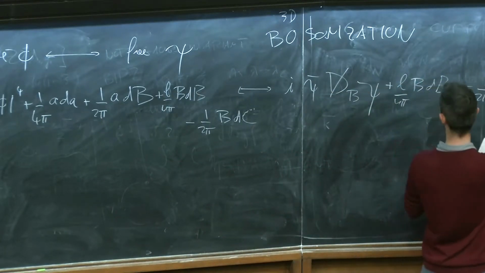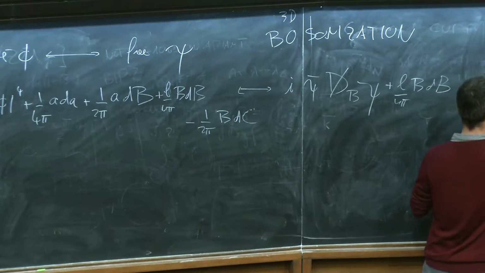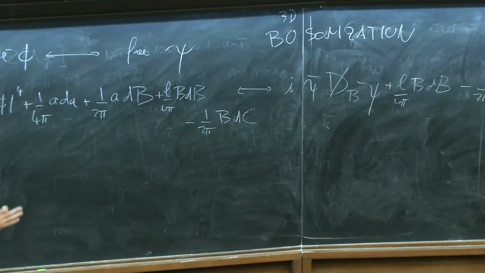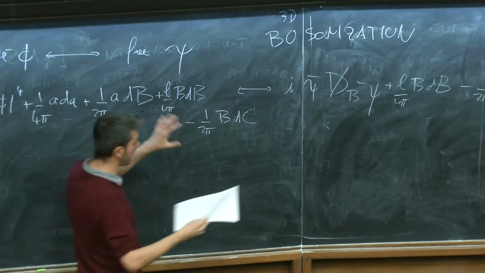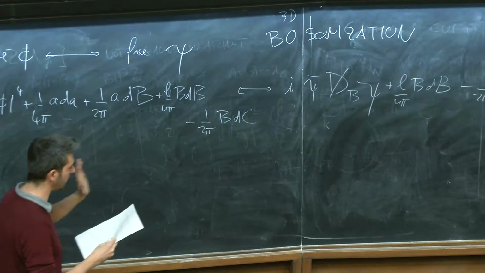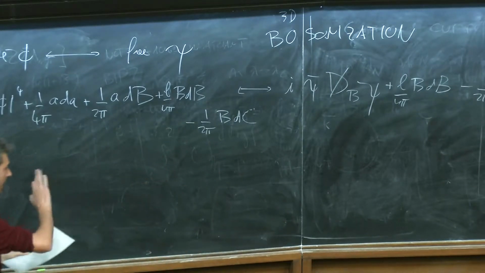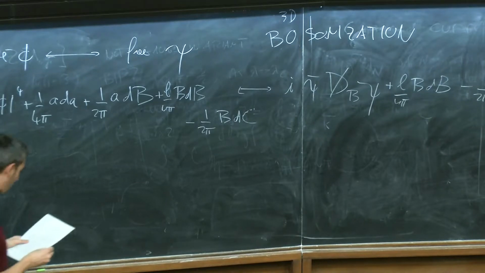I'm just using the minus sign arbitrarily. These are all background fields, so since they are background, they are not path integrated. I can add them on both sides. They go in and out of the path integral sign.